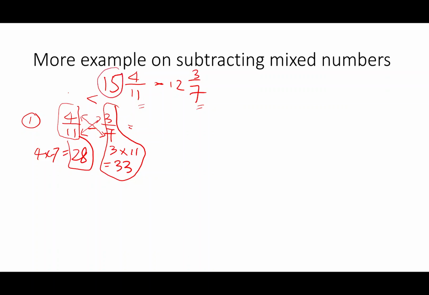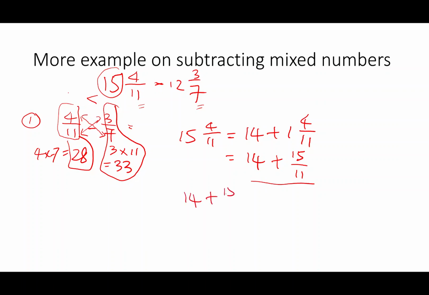If we do that, we get 14 plus 1 and 4 over 11, which is equivalent to, the 1 here converted into a fraction gives us 11 over 11 plus 4 over 11, so we have 15 over 11. So essentially we are converting the original subtraction into 14 plus 15 over 11 minus 12 3 over 7.